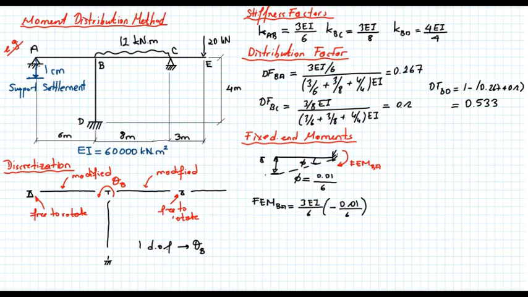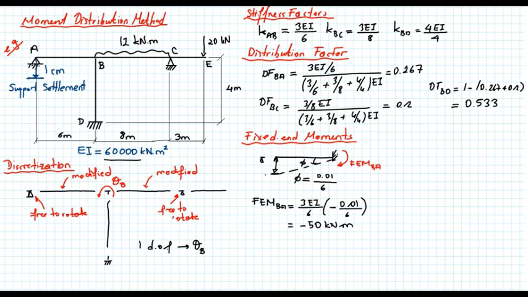So the result is equal to minus 50 kilonewton meters. EI is 60,000, so I put 60,000 instead of EI, and I obtain 50,000 kilonewton meters, and this minus sign tells me that I have a clockwise moment. So we handled member AB.